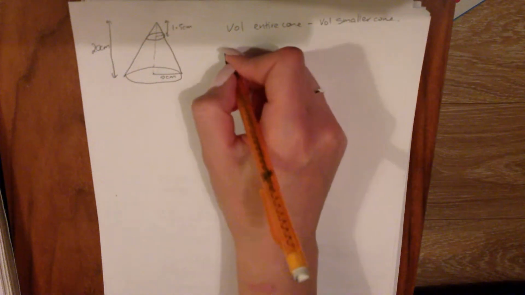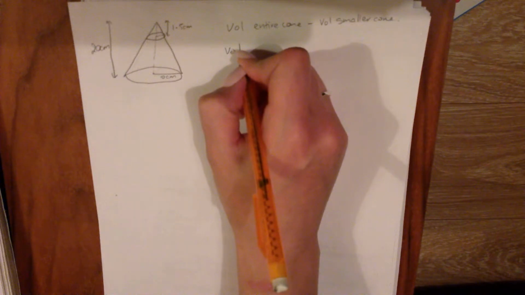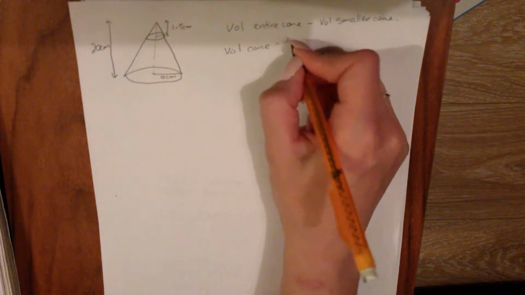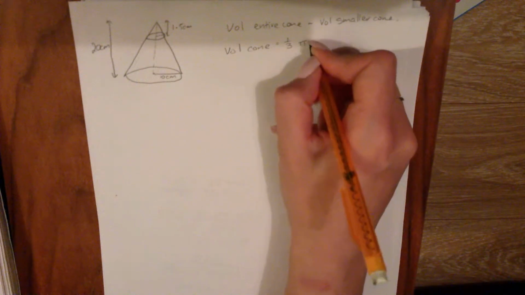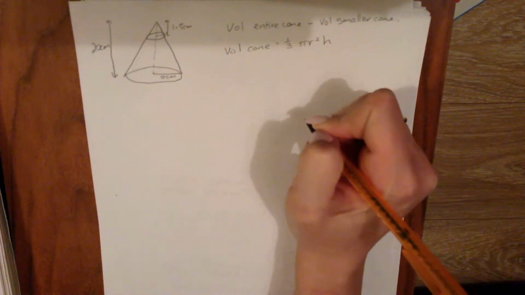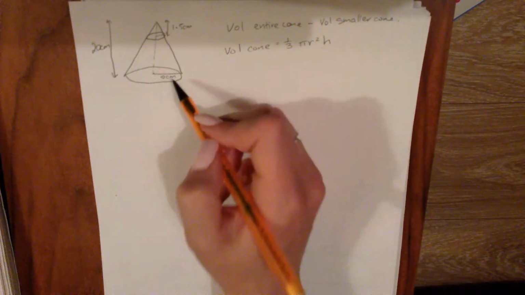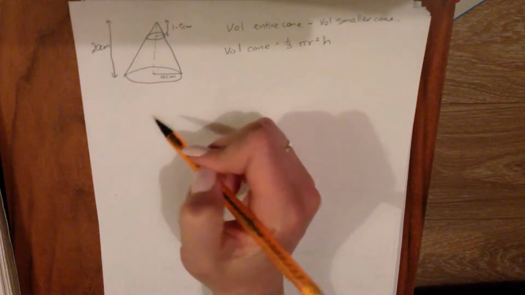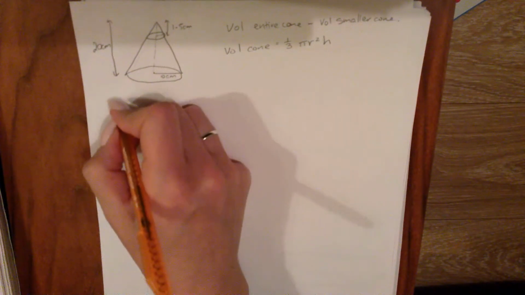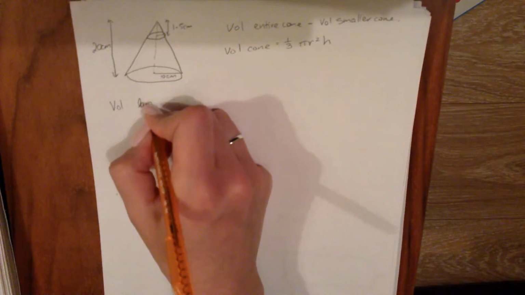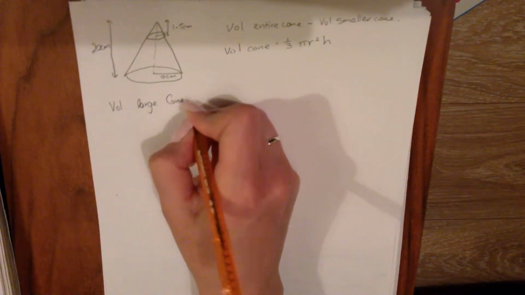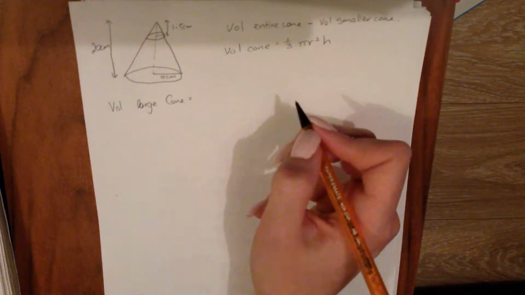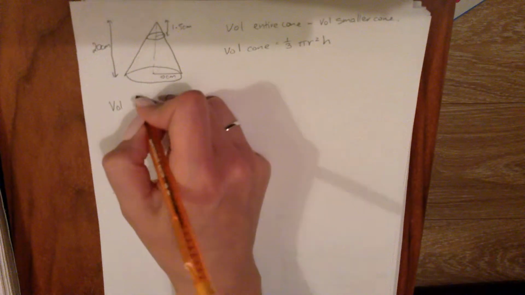So in order to get the volume of a cone, we use the formula 1/3 pi r squared h. Now for the large cone, that's absolutely no problem. So volume of the large cone, and sorry, by large cone I mean the entire cone.